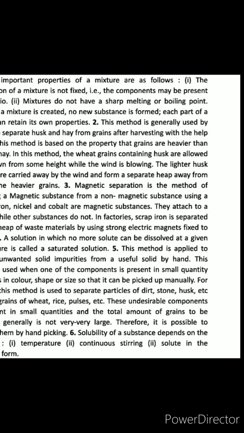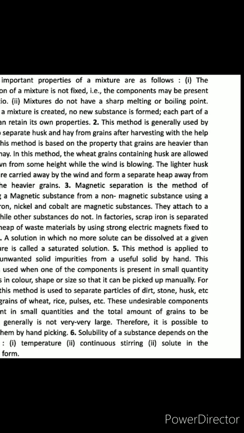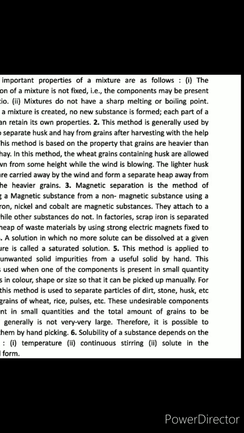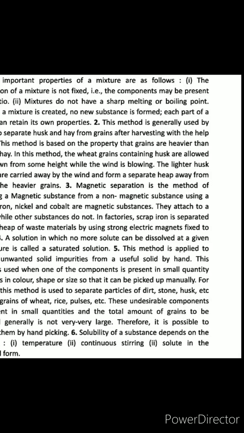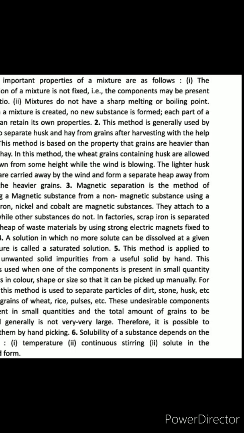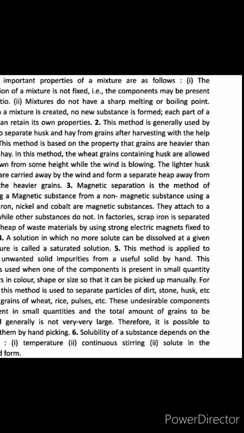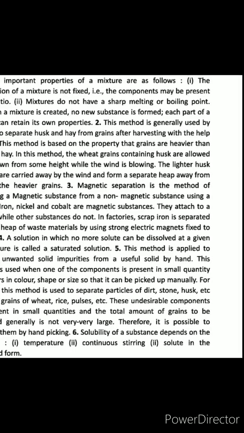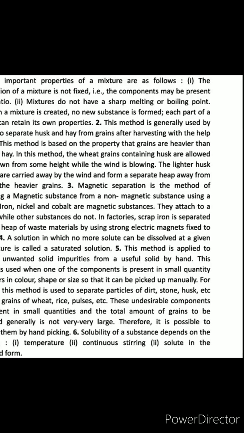Second question, explain winnowing. Answer. This method is generally used by farmers to separate husk and hay from grains after harvesting with the help of wind.